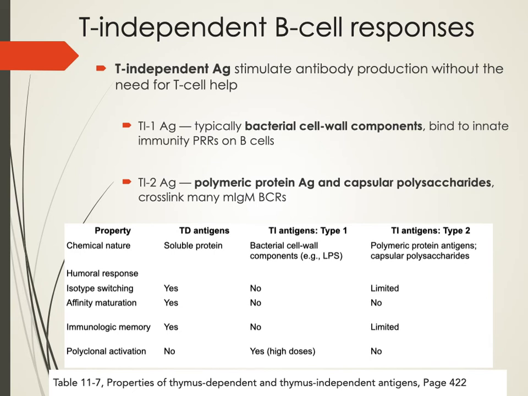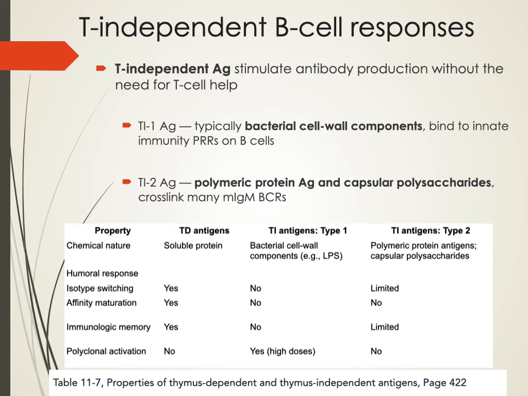So we're not going to get the isotype switching. We're not going to get the affinity maturation. We're not going to get the memory population being induced, because for the type 1 response, we're just doing pattern recognition receptor, right?